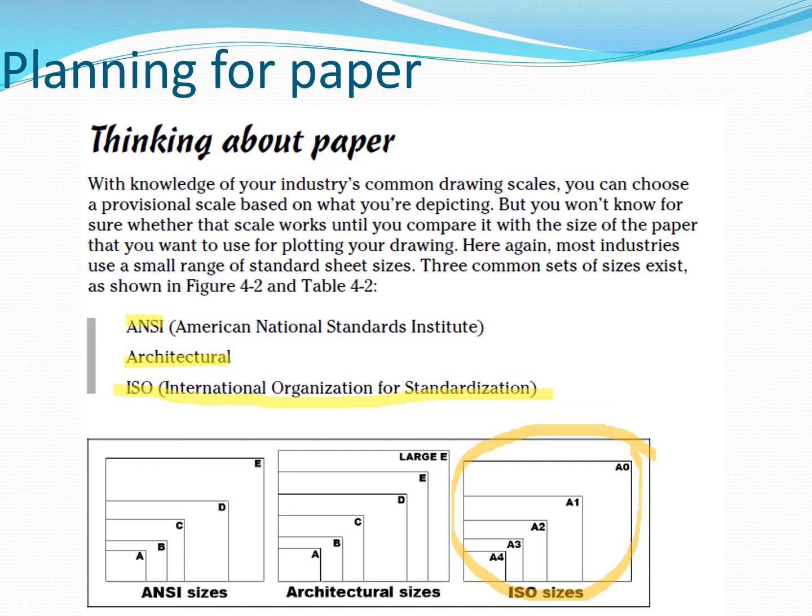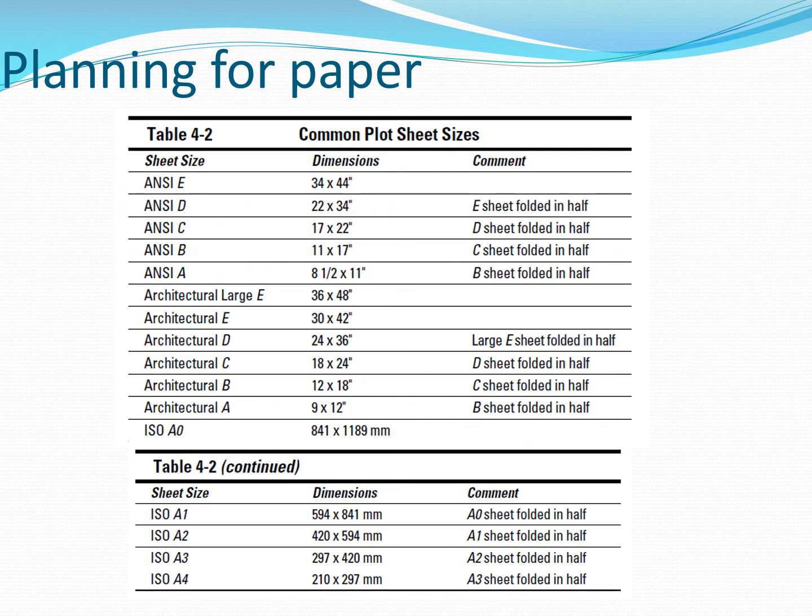And in ISO size, there are sizes A4, A3, A2, A1, and A0. So you must identify the size of A4, A3, A2, and so on. Okay, so the ISO standard is this. For A1, their dimension.